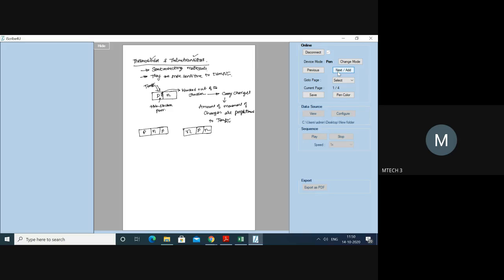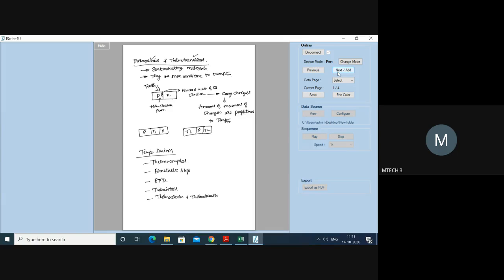Now these are the different temperature measuring devices. To sum up, for temperature sensors we have discussed thermocouples, then the bimetallic strip, then the resistance temperature detector, then thermistors, and then thermodiodes and thermotransistors.